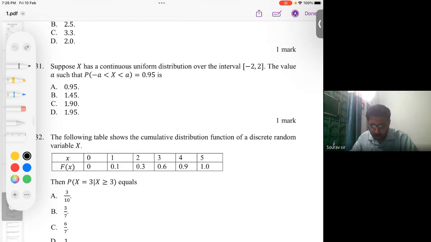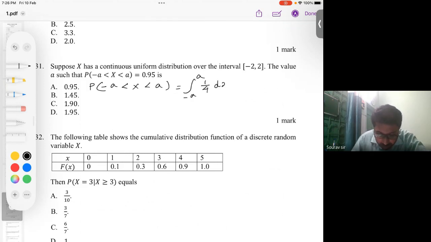Okay, so let's solve question number 31. Here, it's given that the probability of X lies between minus A and plus A. It can be written as the integration from minus A to A of 1 by 4 dx, which can be written as A by 2.